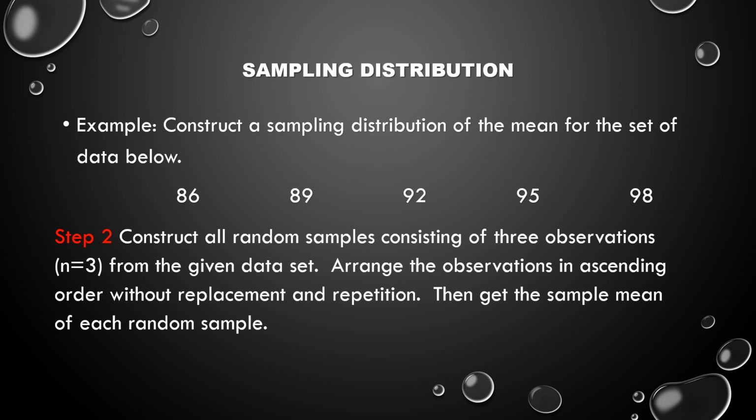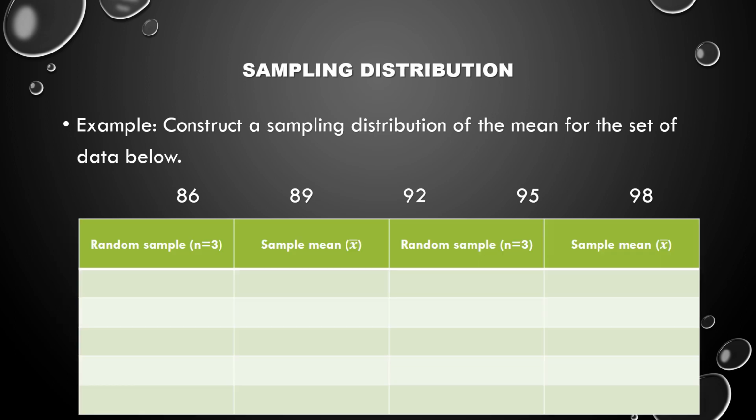But this time, we stick to our example that the sample size is equal to 3. Since we are doing this randomly, each value will have an equal chance of being selected in the sample. So how do we do that?